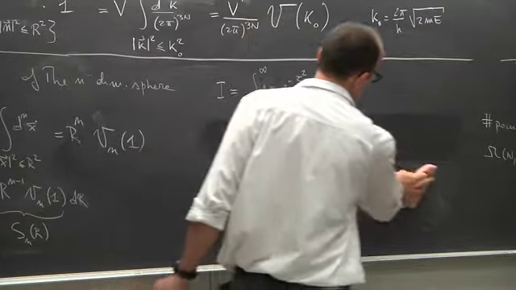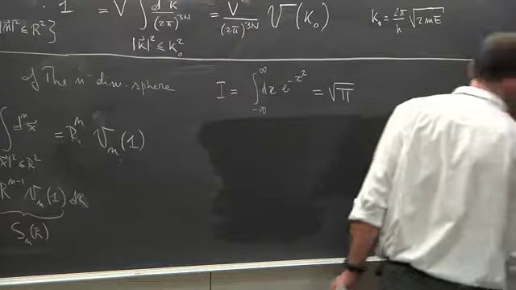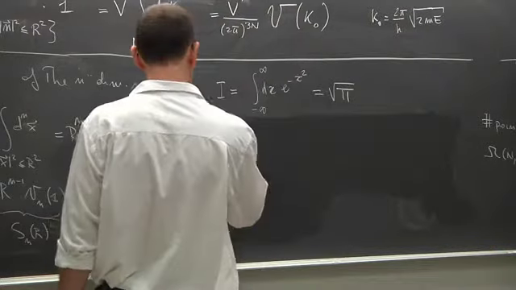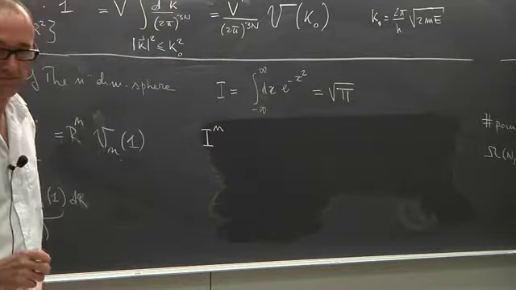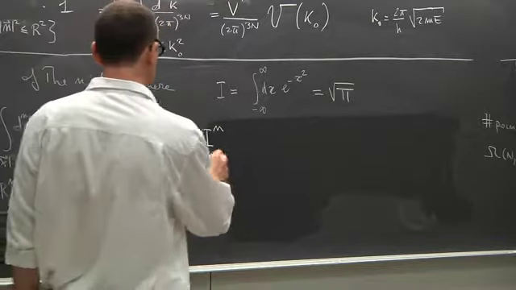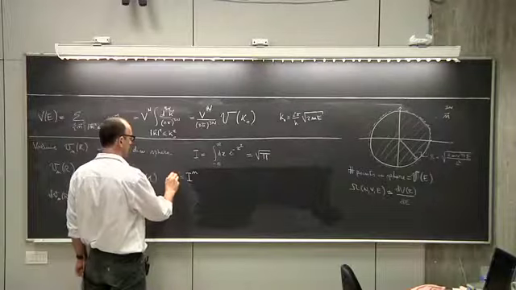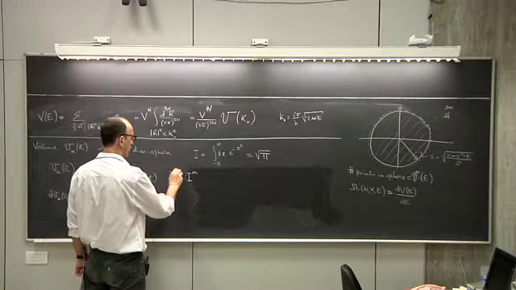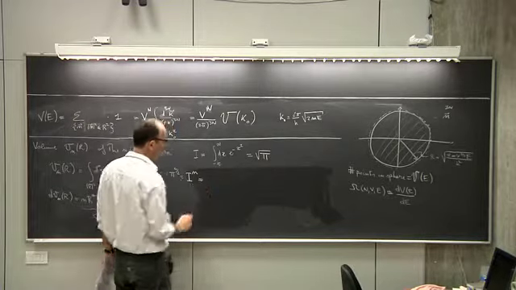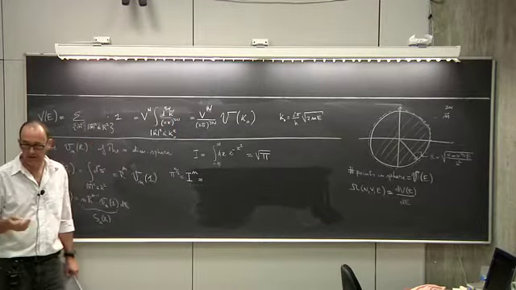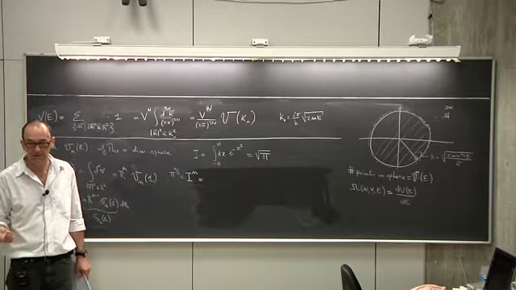Now we can do the same thing, but instead compute I to the power n. Okay? And I to the power n, well, we know already that it is going to be pi to the n over 2. But we can also compute it using the same trick.